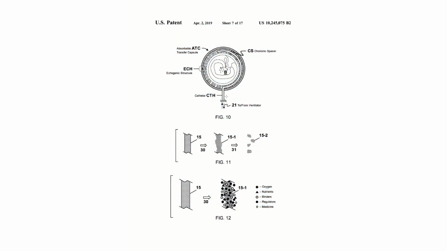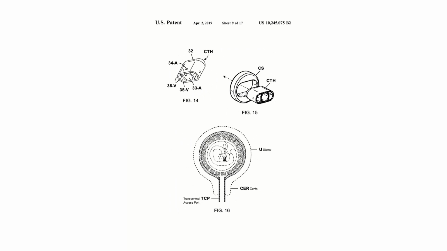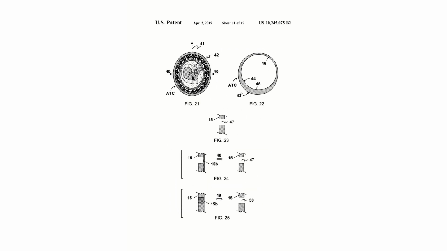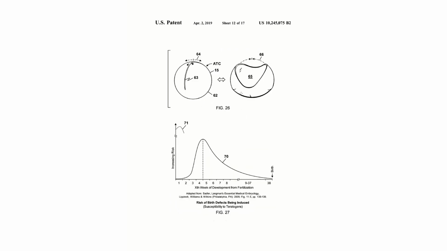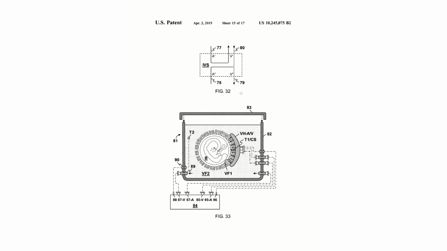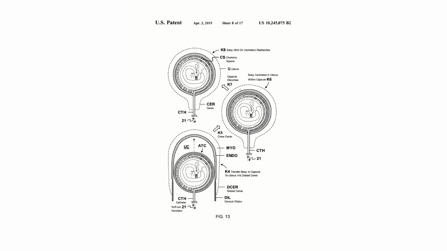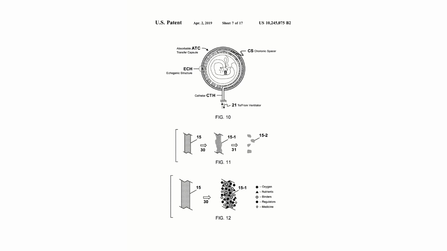So the catheter has little holes up here, and those holes circulate the ventilating fluid over the anterior aspect of the chorion, so that the baby is properly ventilated during the time inside the capsule.